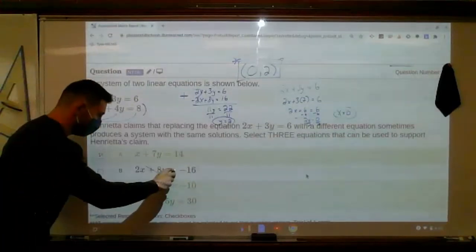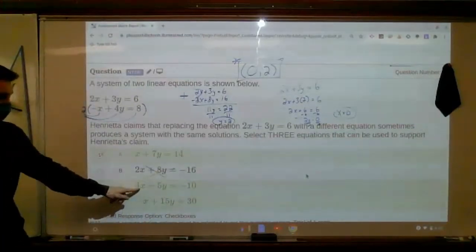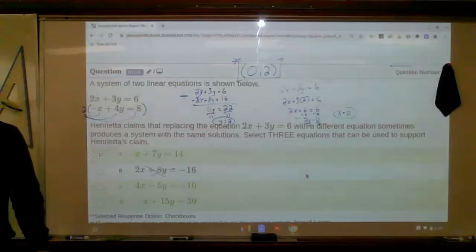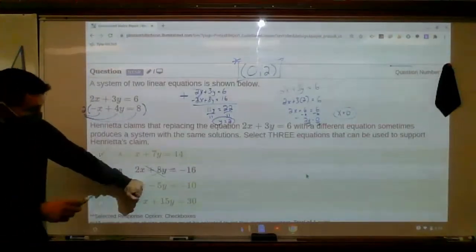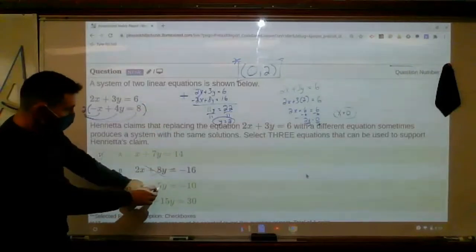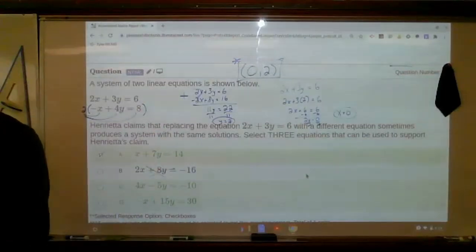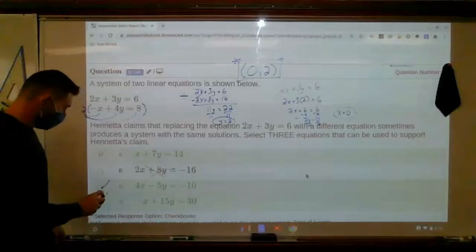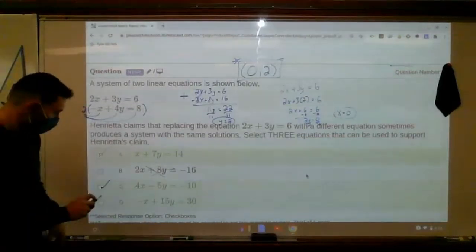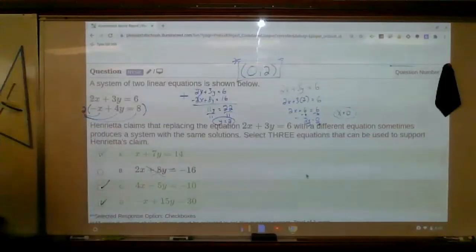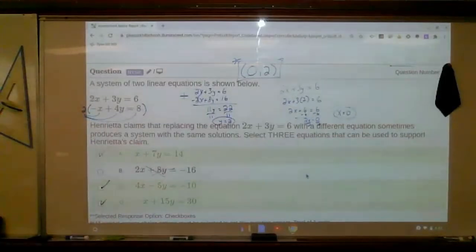No. 4 times 2 is 8, but there's a 0. 4 times 0 is 0. Negative 5 times 2 is negative 10. Does negative 10 equal negative 10? Yep. Negative 0, that's gone. 15 times 2 is 30. 30 equals 30. Once you find the solution, you can substitute it in to see if it works for every other equation. Questions on how we do that?